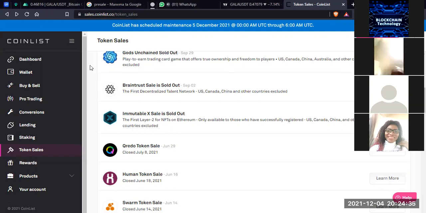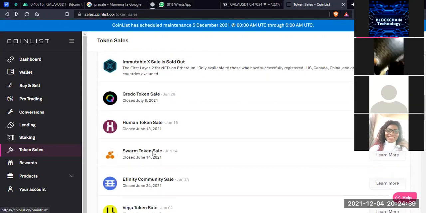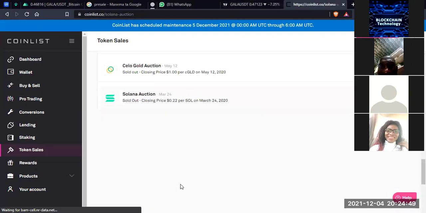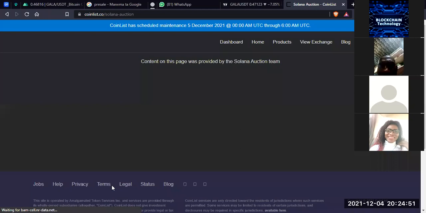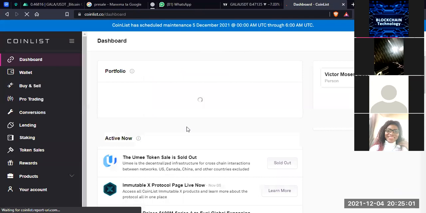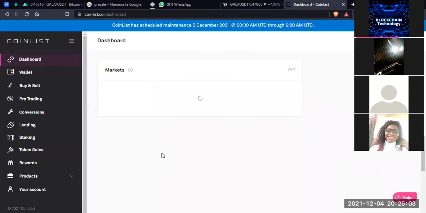Okay, so I was talking about this Coinlist platform here. These are the previous sales they carried out. Okay, let's click on Solana. Let's find out how we can take advantage of this platform. Okay, the content is no longer available. Let's check another one.